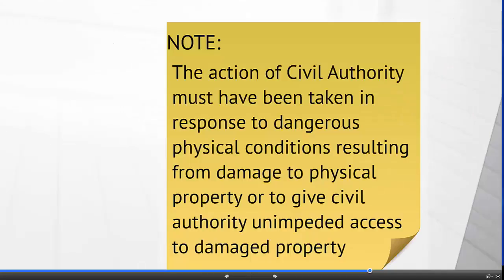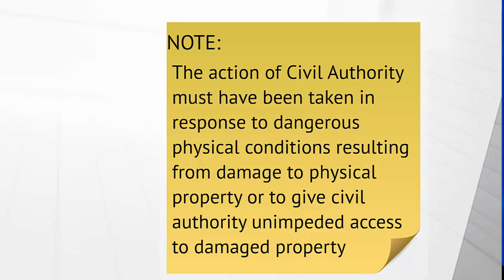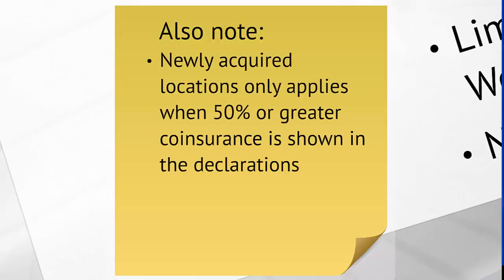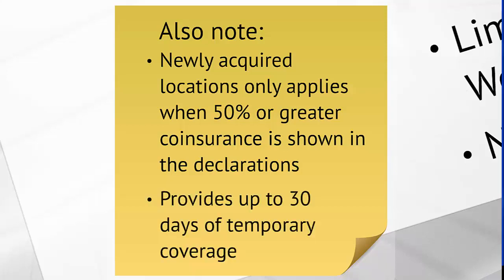For the civil authority additional coverage to apply, the action of civil authority must have been taken in response to dangerous physical conditions resulting from damage to physical property or to give civil authority unimpeded access to damaged property. Also note, newly acquired locations coverage only applies when 50% or greater coinsurance is shown in the declarations. This provides up to 30 days of temporary coverage.